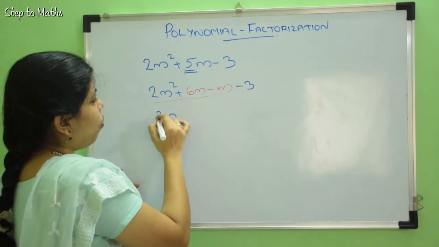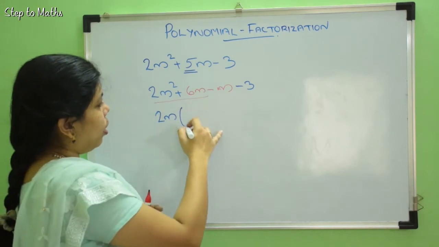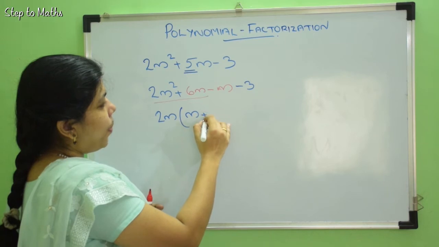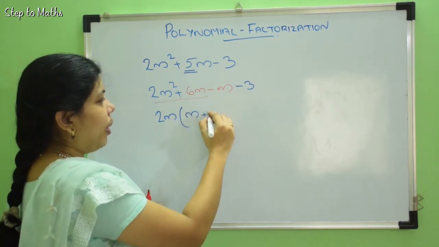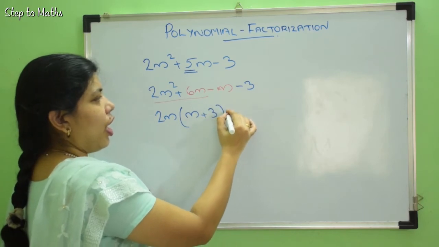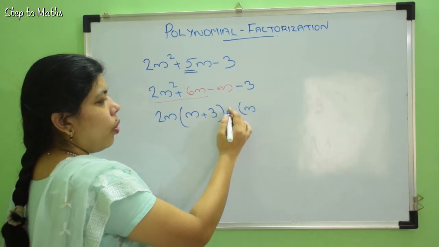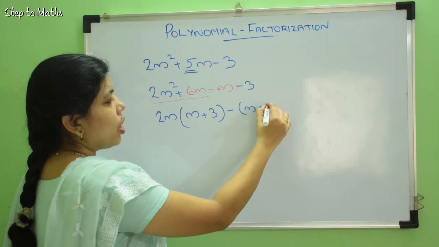We can take 2m as a common factor, that is 2m into (m plus 3). And in the other terms, minus m minus 3, we take minus outside, so this becomes minus (m plus 3).